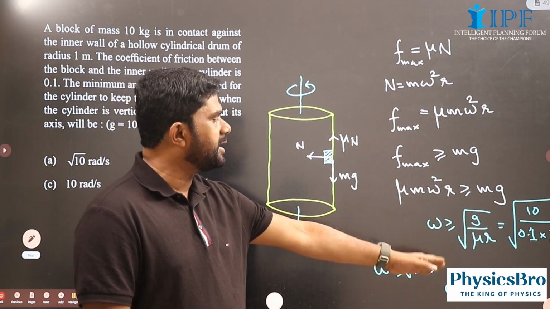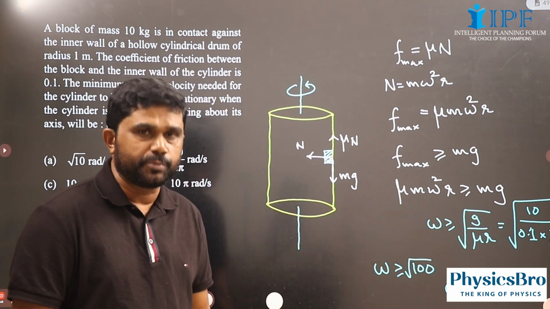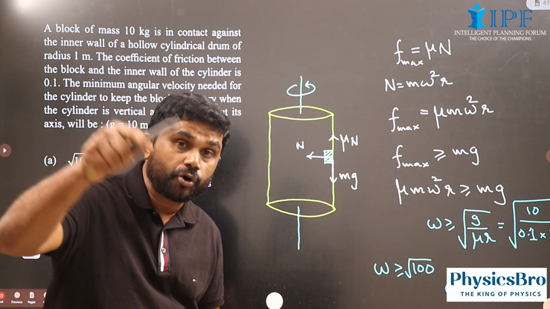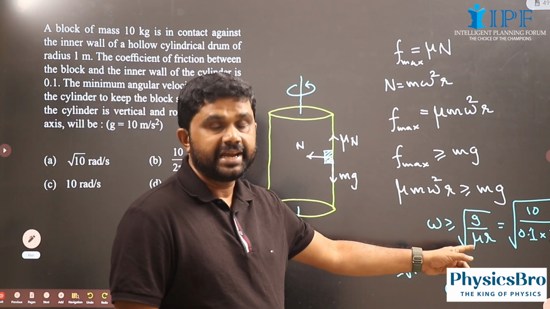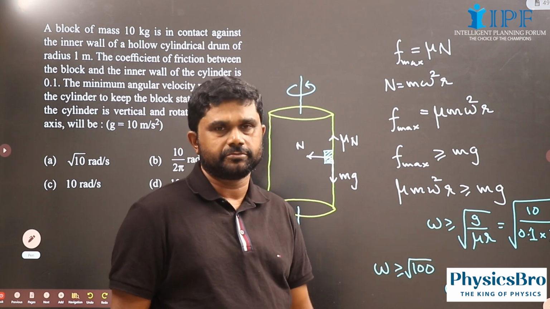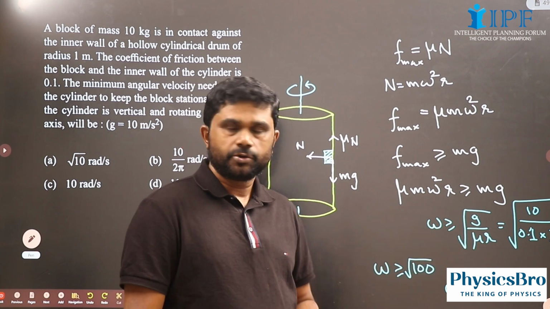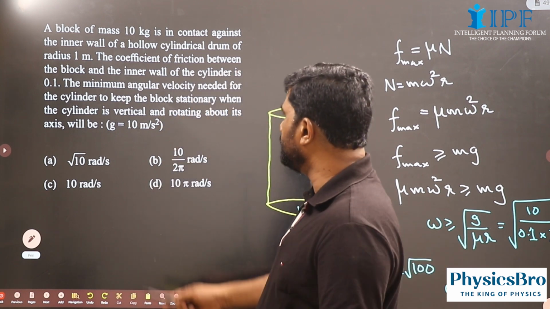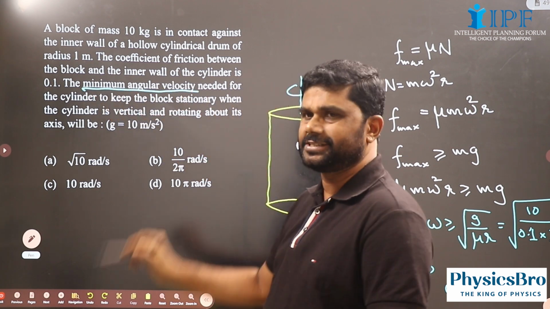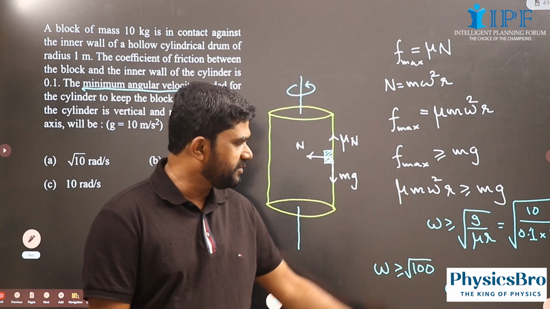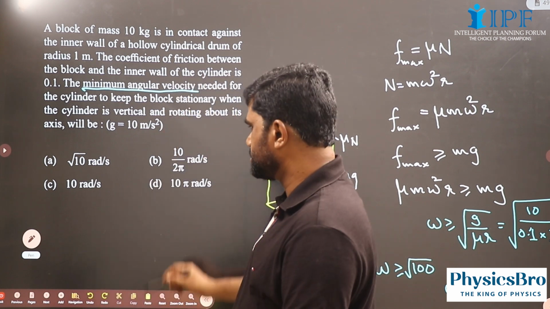And omega greater than or equal to root of g by mu r. Greater than or equal to means it cannot be less than this value. So this is the minimum value. Okay, see the minimum angular velocity. So that we will get 10 radians per second.